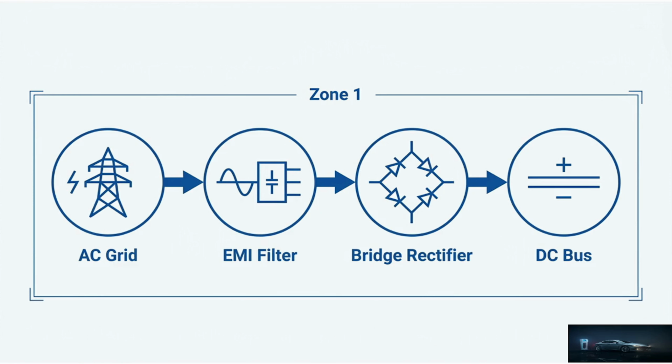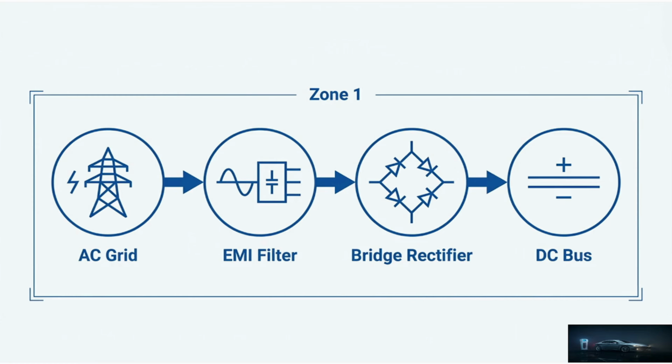Here you can see the combination of diodes. The bridge rectifier uses the diodes to convert the AC waveform into pulsating DC, right?